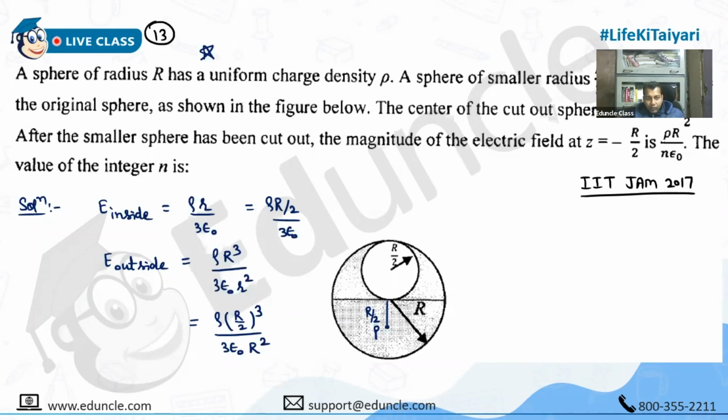So for the small sphere, radius of the small sphere is r by 2, and distance of this point from the center is r, na? This total. Please check. So electric field at point P will be difference of these two. This term will be positive, this will be negative, no?